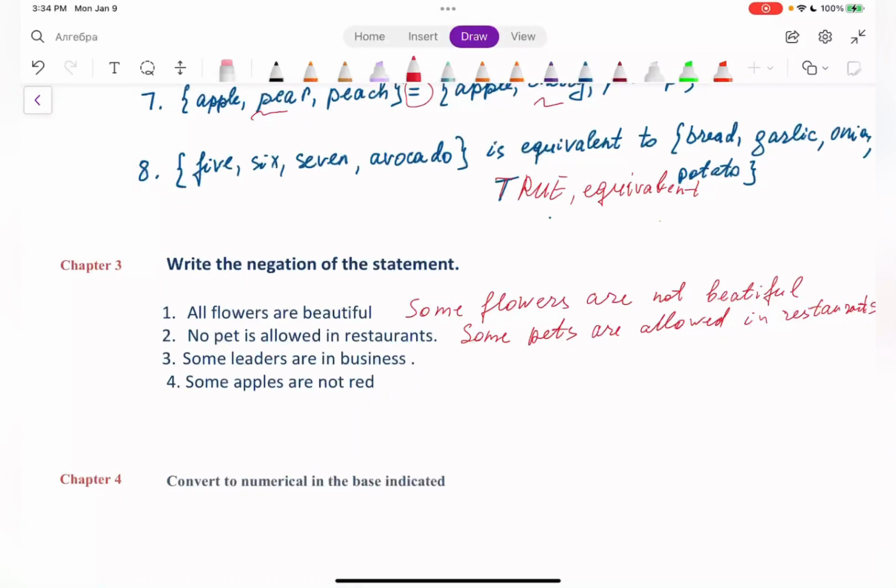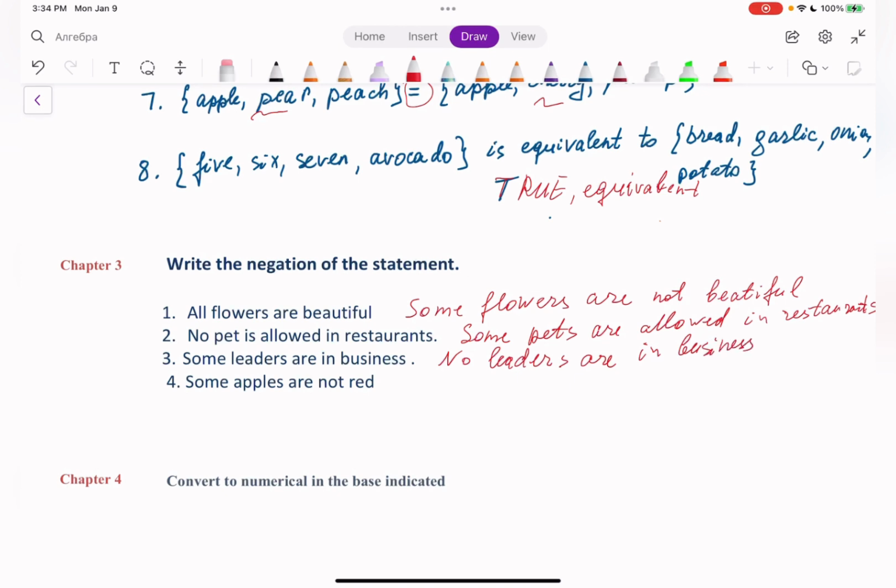Next, number 3. Some leaders are in business. Before these first two, we didn't use the word some. Therefore, the negation started with the word some. Now 3 and 4 started with some. So if I do another negation, this some will disappear, and it's going to be: no leaders are in business.